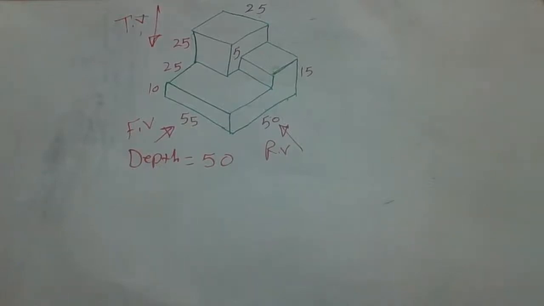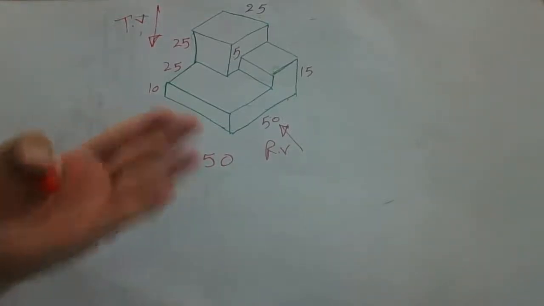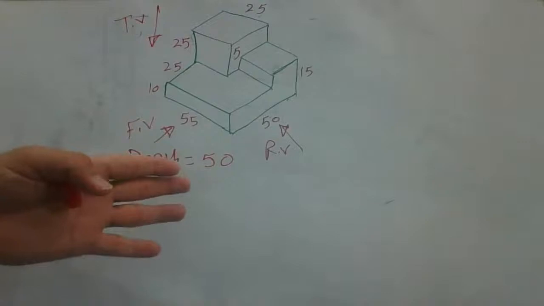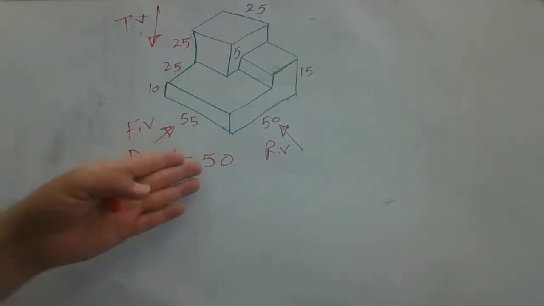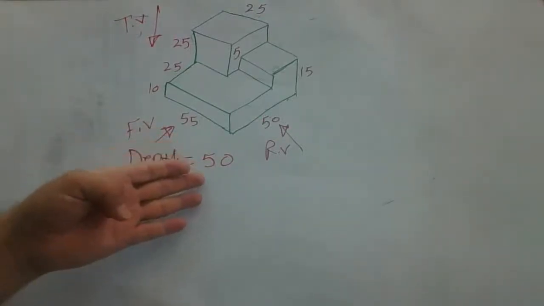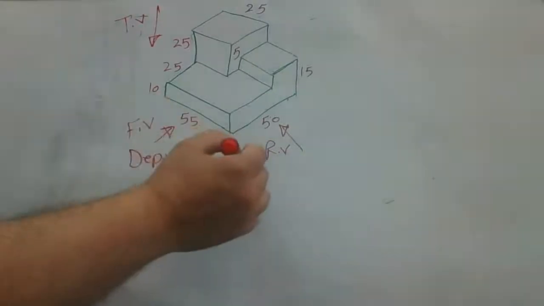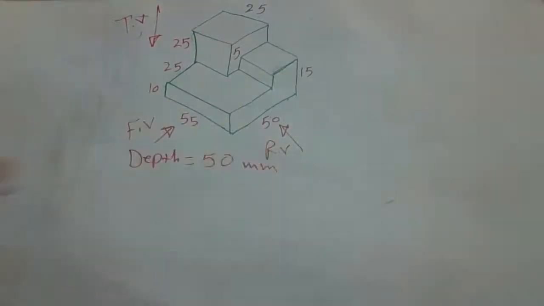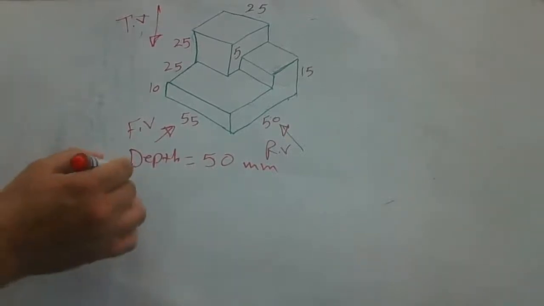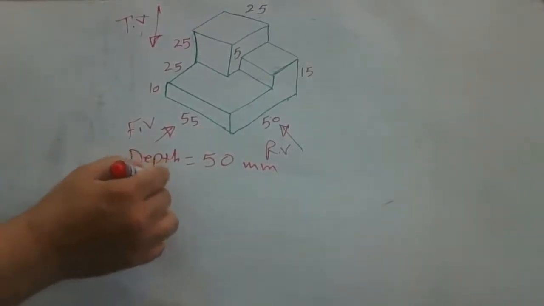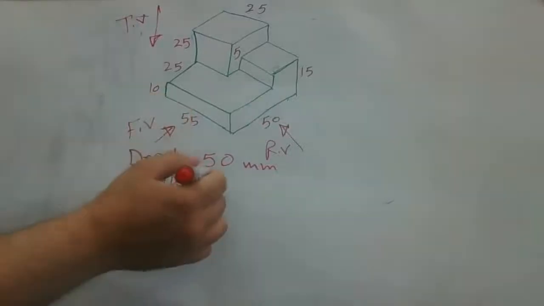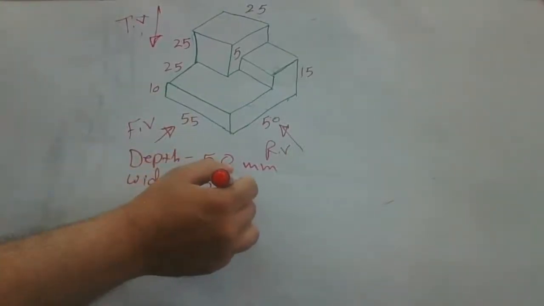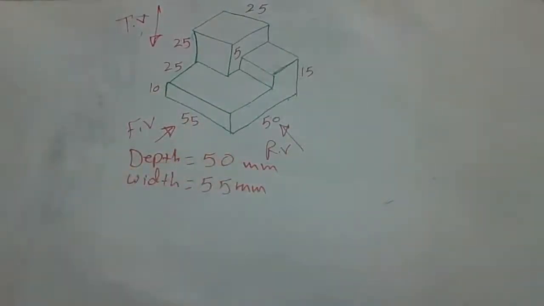If we draw on large size paper, we can use 50 centimeter. Now we can use 50 millimeter, because we have to draw on a small size paper. This is the depth, and the width is equal to 55 millimeter. This is the maximum.